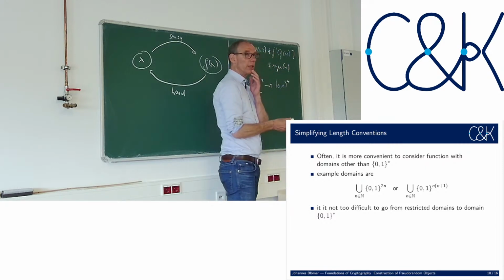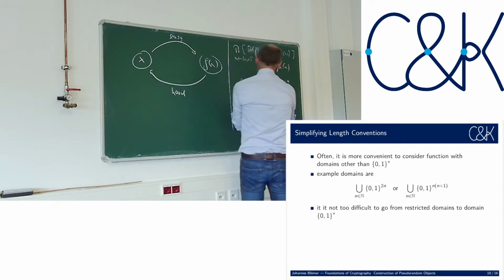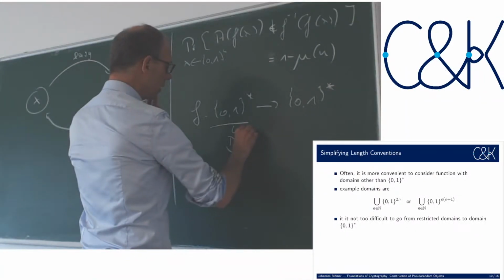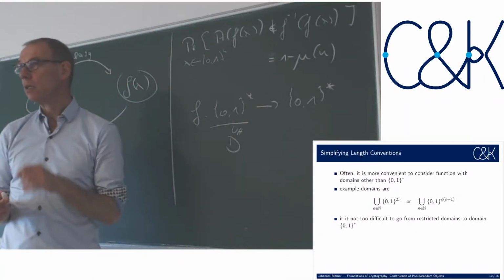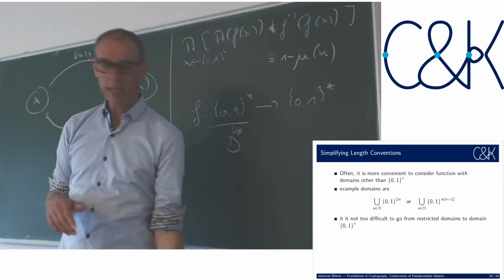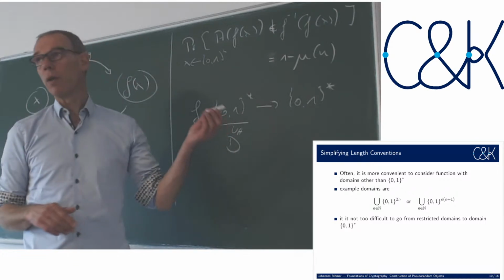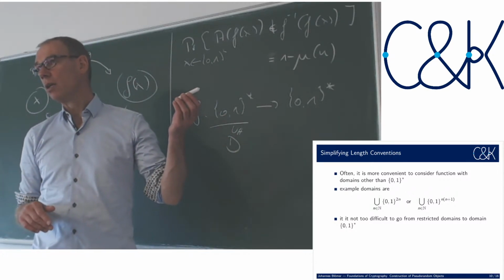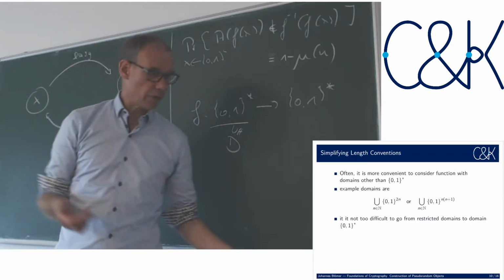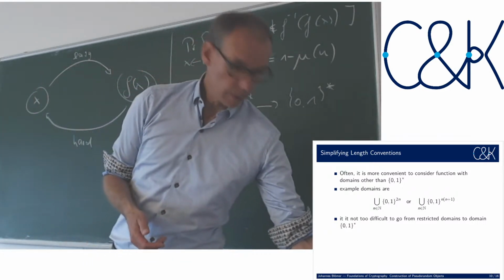They're only defined on a domain D that is a proper subset of this domain, but still infinitely large. In fact, what we usually have is that for some input lengths, the function is simply not defined. So it's only defined for certain input lengths.